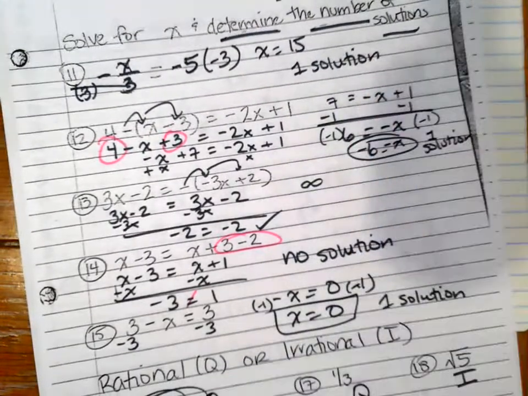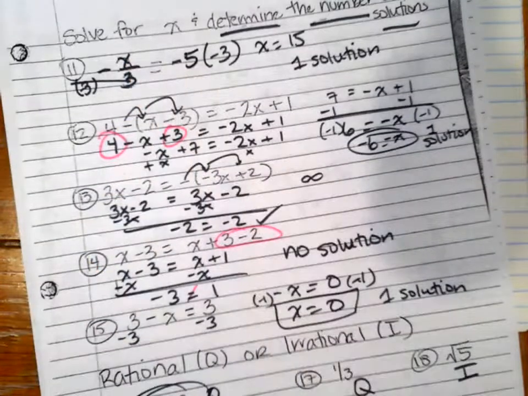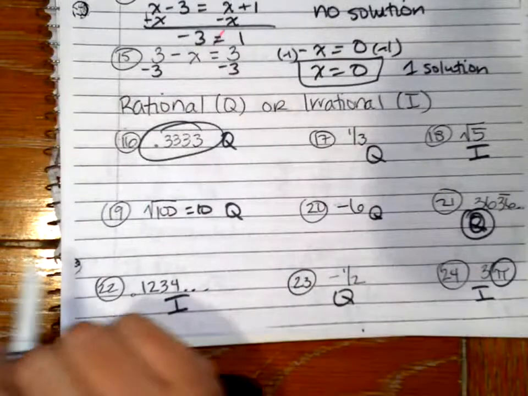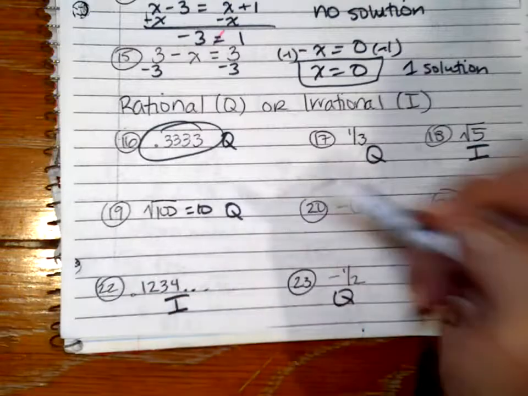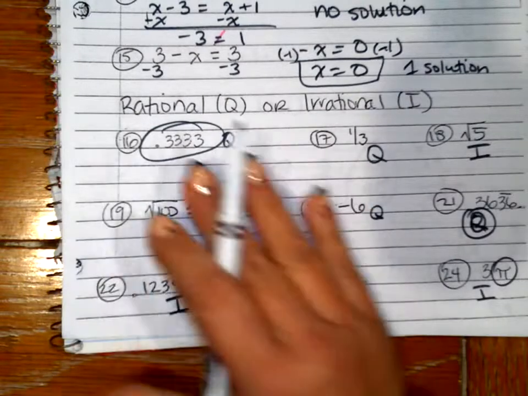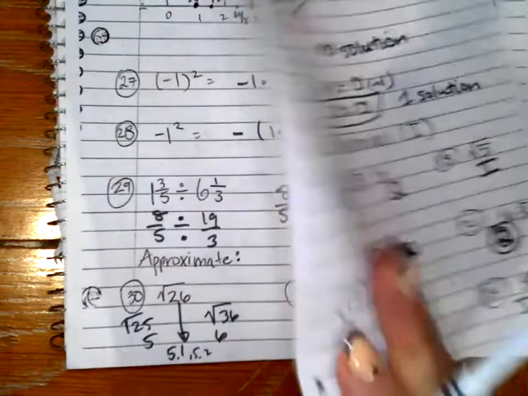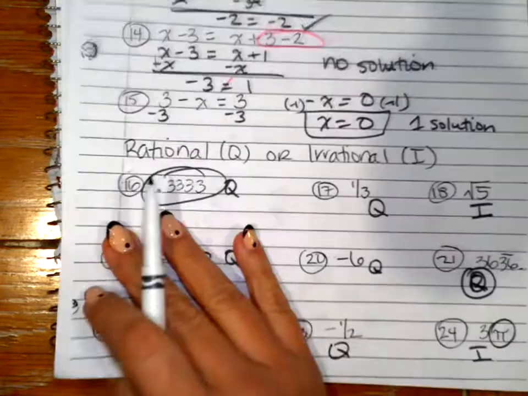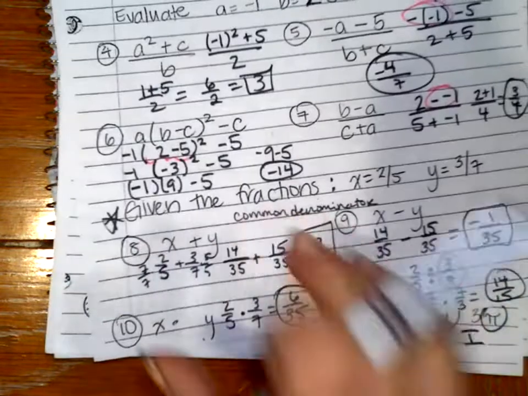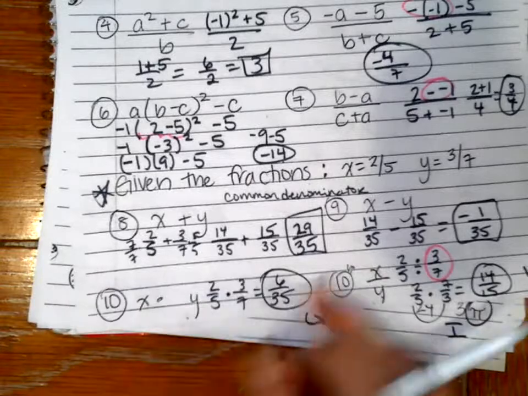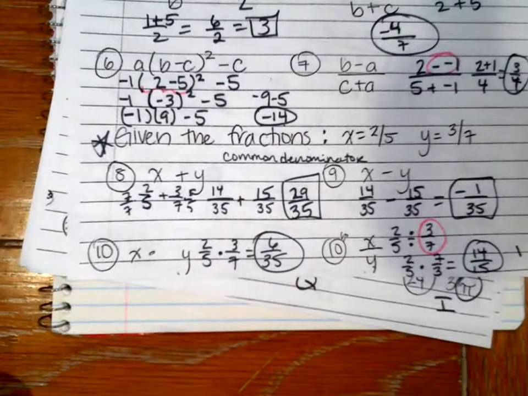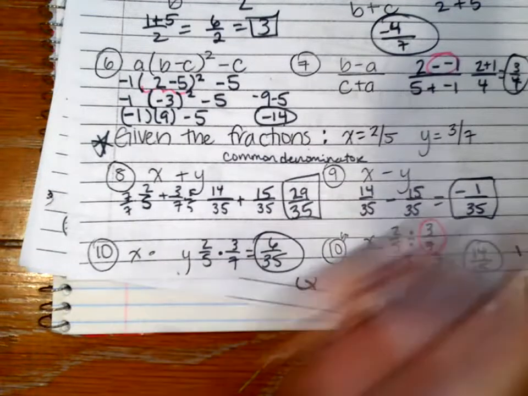So that's part of it. Solving equations is another part of it. Identifying rational and irrational, being able to come up with one of your own is also important. And the fractions, okay? You get 4 points just for being able to do the operations on fractions, evaluate, that kind of stuff.